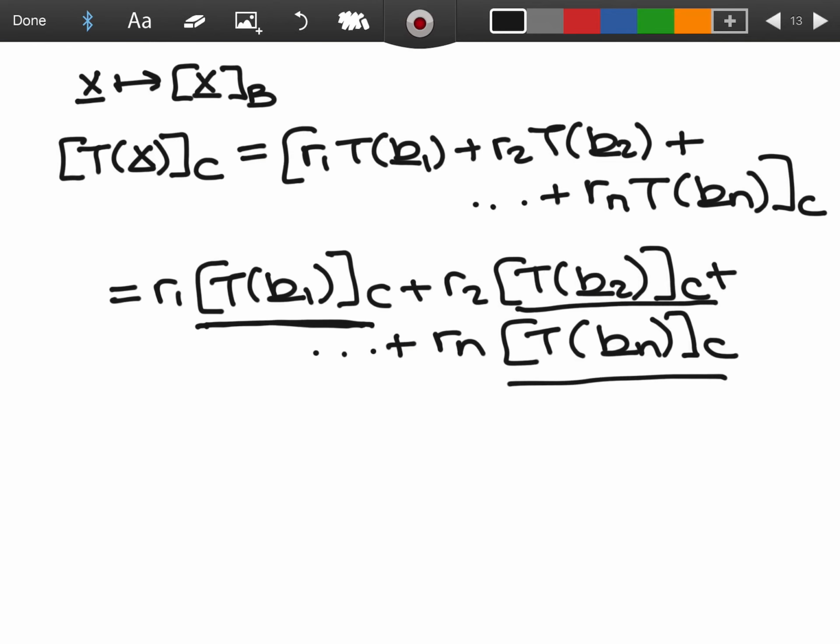Because each one of those is a vector, I have a vector equation here, and I'm going to rewrite it as a matrix equation. If you bear with me a second while I write this out, you can see how these two things are equivalent.